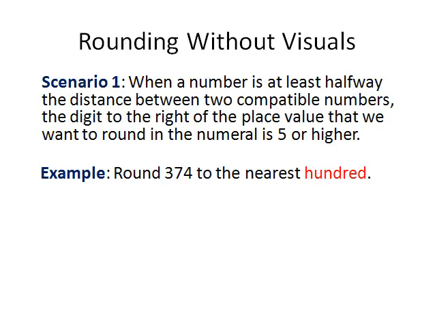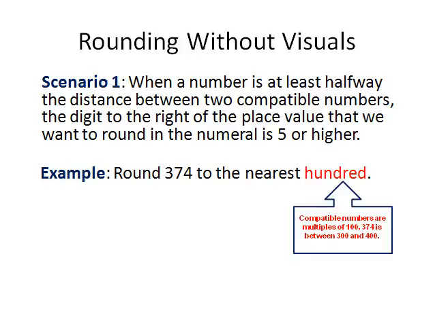Now, we don't need the number line every single time to do rounding. We can follow the rules of rounding. For example, 374, and they ask us to round to the nearest 100. What we need to do is the following. Identify the digit that is in the hundreds place, which in this case is the 3. Look to the right of that digit. In this case, it's the 7.